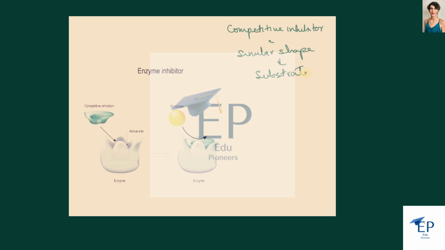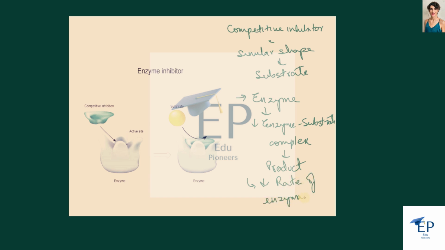As a result, the inhibitor will bind to the enzyme, forming less enzyme-substrate complex, thereby decreasing the product formation and decreasing the overall rate of enzymatic reaction.